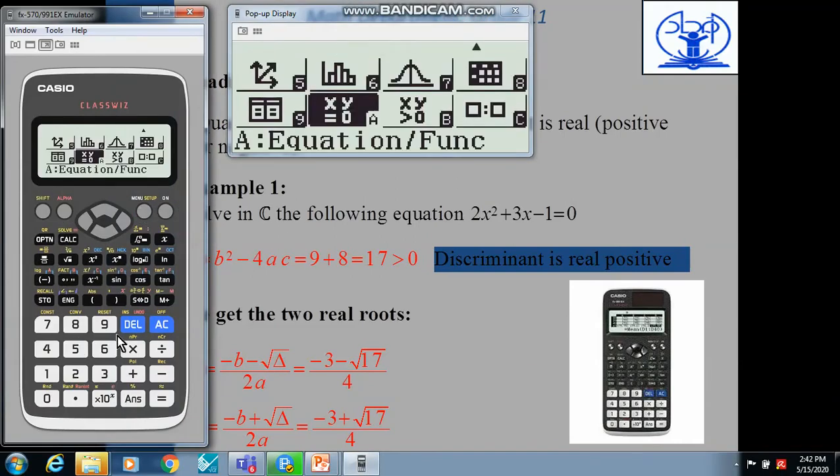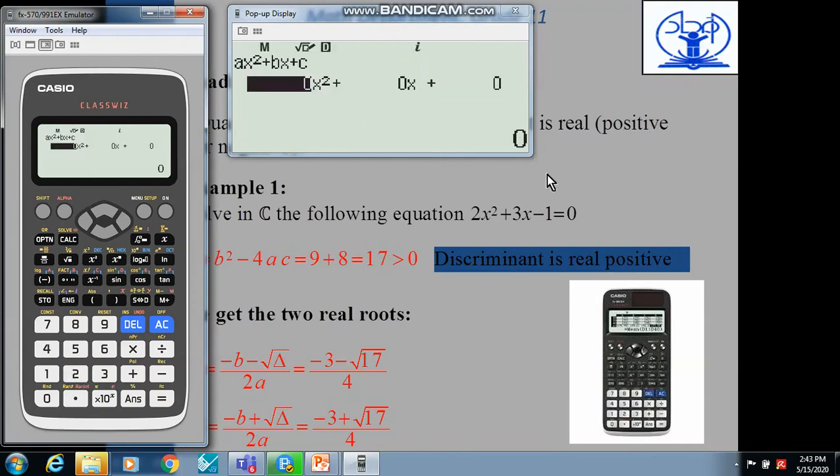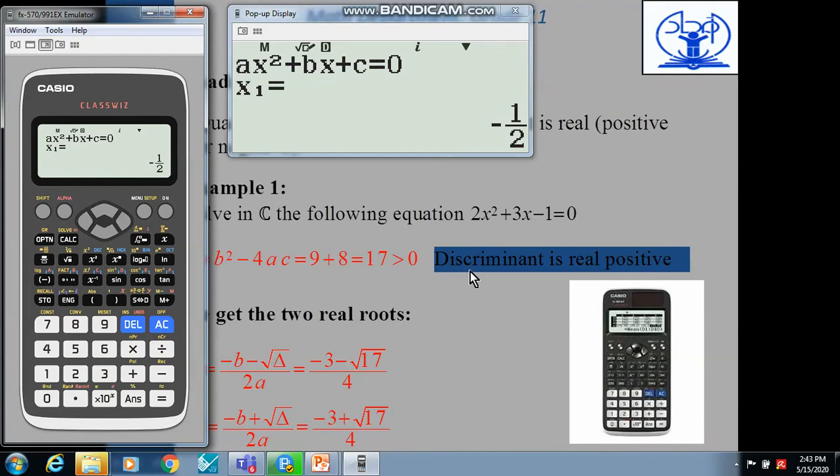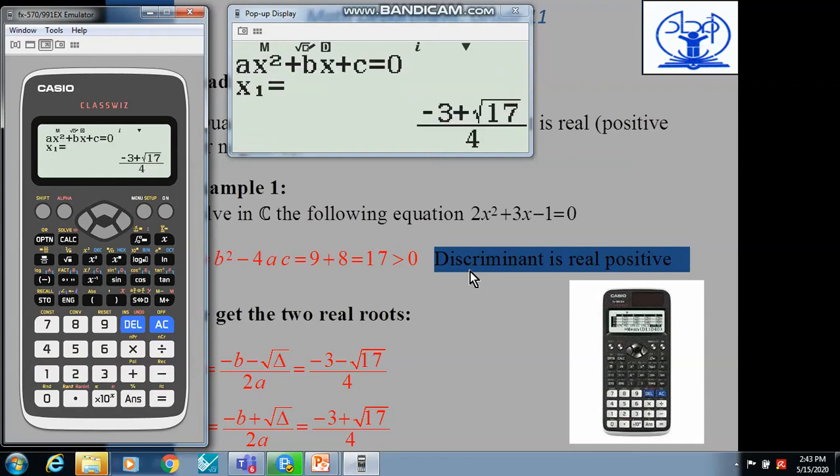Menu, equation, polynomial, second degree, put the coefficients 2, 3, and negative 1, and the roots are minus 3 minus radical 17 over 4 and minus 3 plus radical 17 over 4.